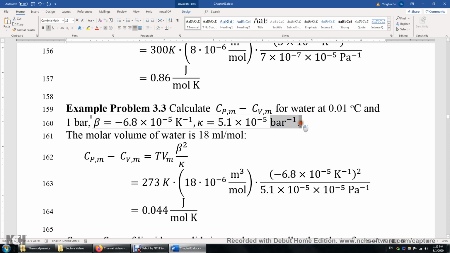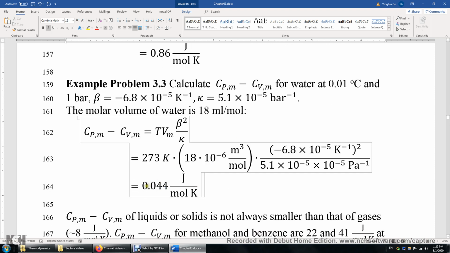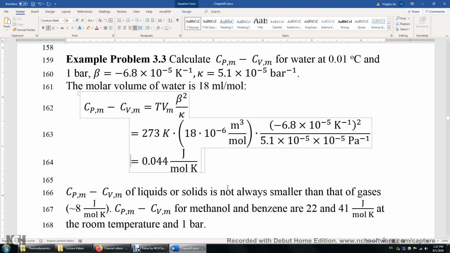Therefore, 1 over bar is 1 over 10 to the power of 5 pascals. Therefore, this number should be 10 to the power of negative 5 times the reciprocal of pascal. So anyway, if we do the calculation, we get a positive number. Cpm of water is greater than the Cvm of water, between 0 and 4 degrees Celsius.